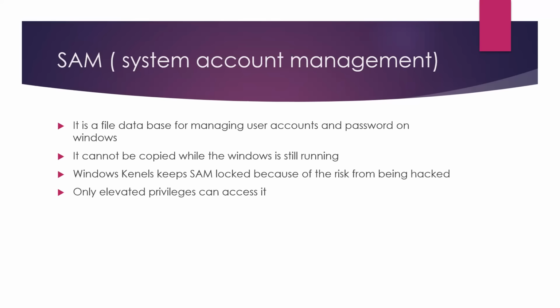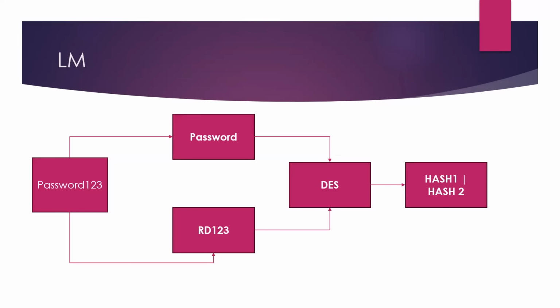So how does LM work? This is the process of how LM works. This is a password. It breaks this password into two at the seventh character. One part of the password, it converts into uppercase, and the other part they keep in the normal form.